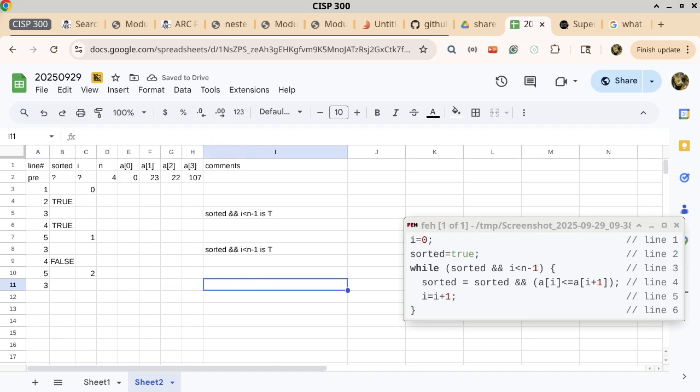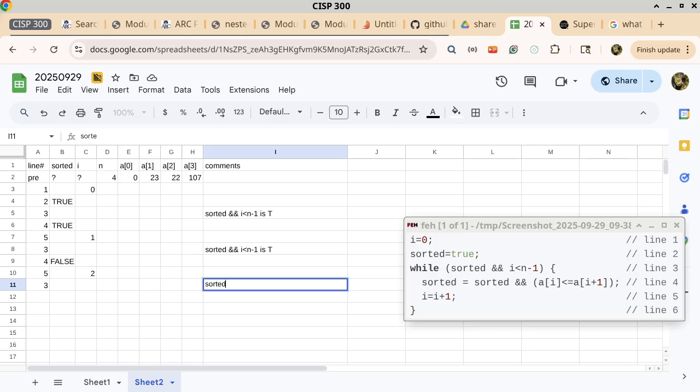This time, when we get back to line 3, the left-hand side of the conjunction, which is really just sorted itself, is already false because we just updated the value of sorted to be false. So that means with this conjunction, only the left-hand side is needed to conclude the value of the operator itself, which is false.